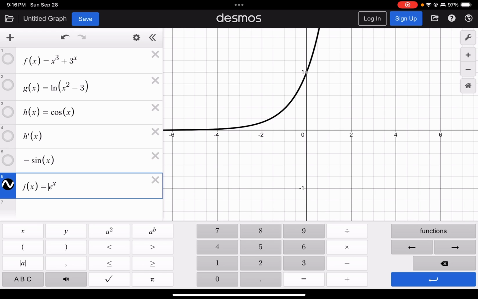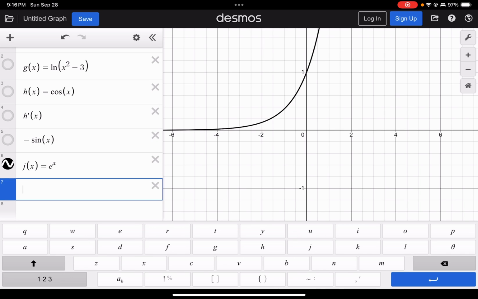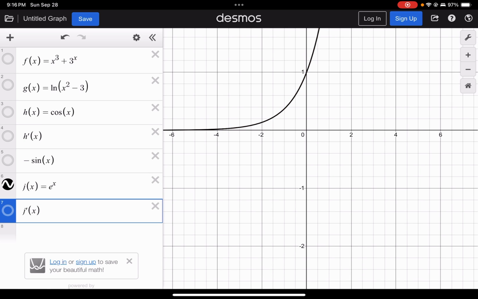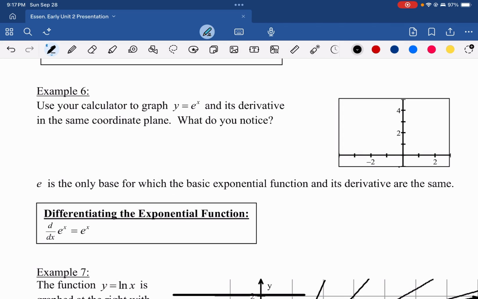So j of x equals e to the x. Then j prime of x. Those are the same line. If I zoom out, there's my e to the x, and my j prime of x matches the exact same curve.